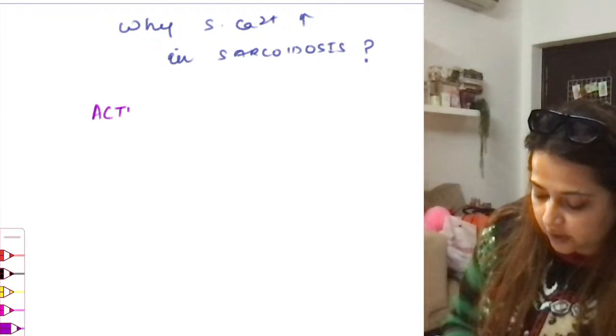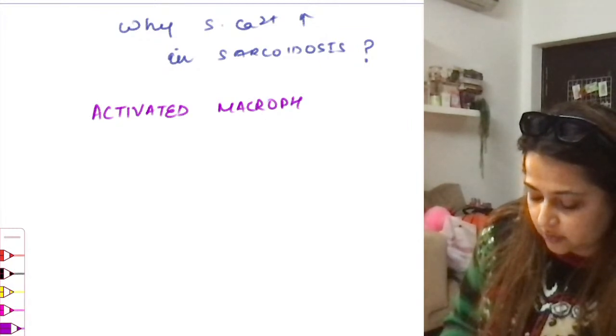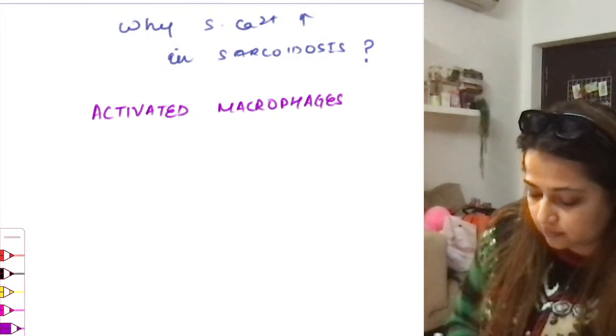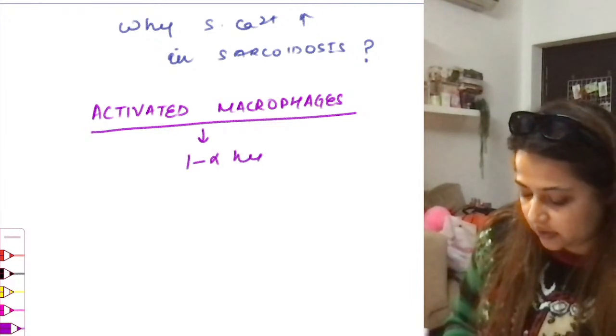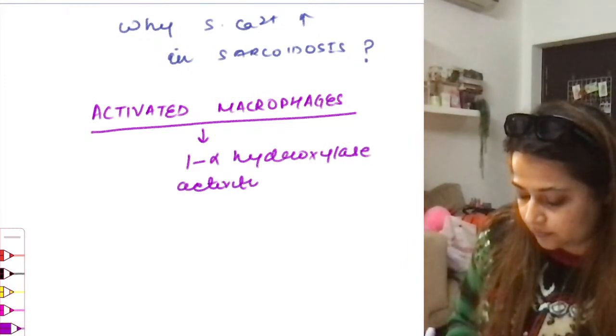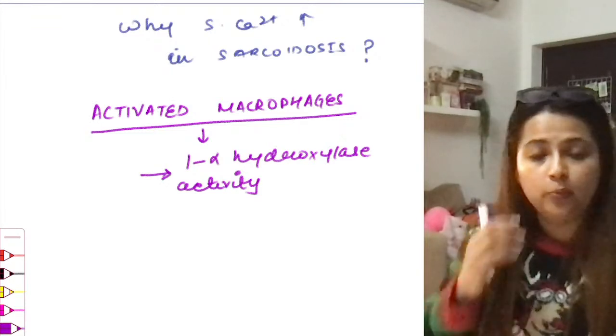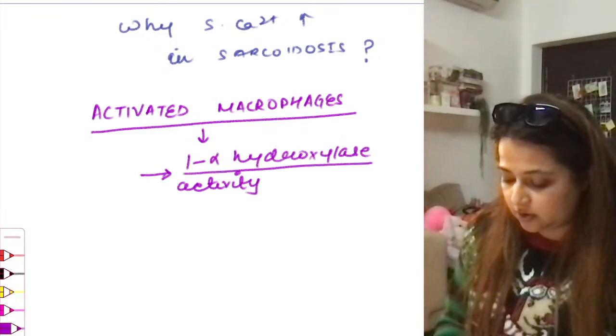So, in case of sarcoidosis, the macrophages which are activated have 1-alpha hydroxylase activity. For that, you need to have basic concept regarding 1-alpha hydroxylase.